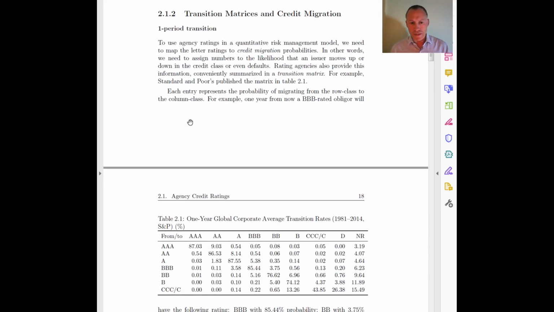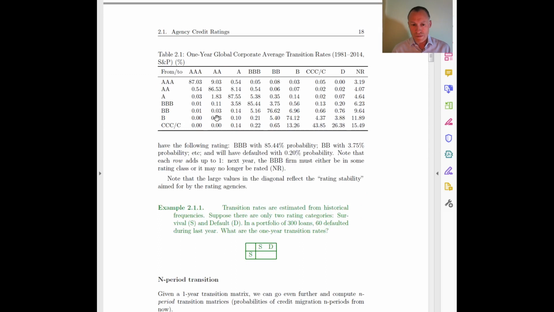So once a firm decides to have a credit rating, it pays the credit rating agency to do the evaluation. The credit rating agency gives the letter rating, and from our point of view, if we want to estimate the probability of default of this firm, then our job is done. Basically, we just need to look at that letter rating and then look up one of these tables that the credit rating agencies output.